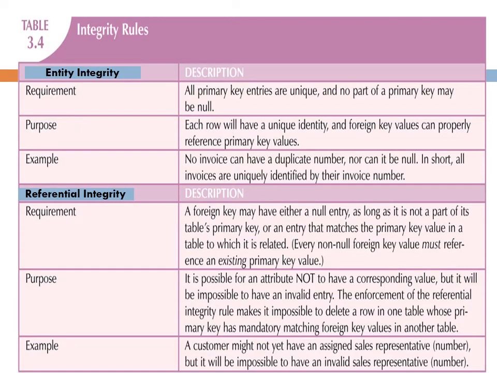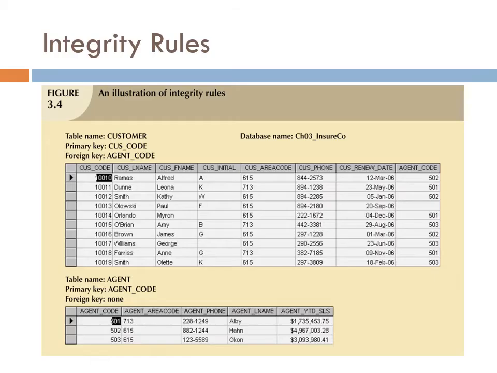Okay, this table shows the integrity rules for entity integrity and referential integrity. You can read, right? This figure illustrates the integrity rules. Rather than you read the theory, now you can see how entity integrity and referential integrity look in table form. Look at this customer table.